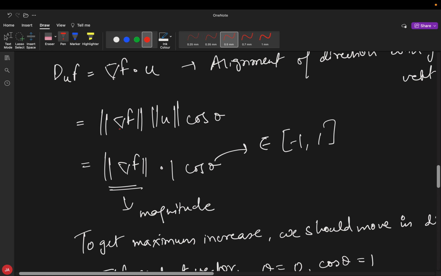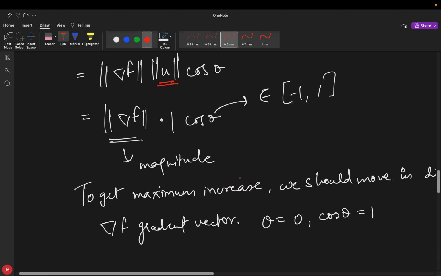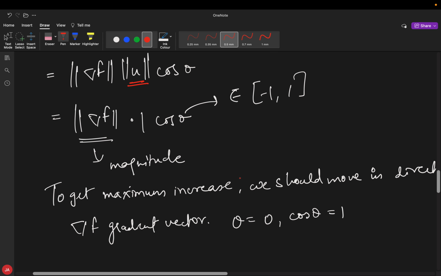And this norm of u is 1, and so the norm of the function will give you the magnitude of the vector. So to get a maximum step, in which direction should I move so that my magnitude is the highest and I'll reach the maximum the fastest?